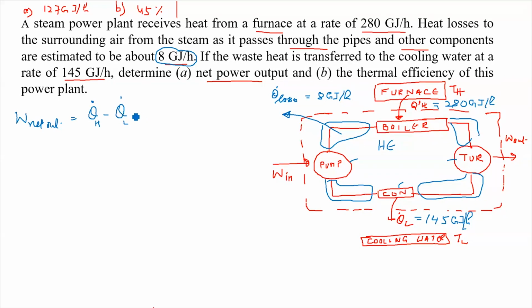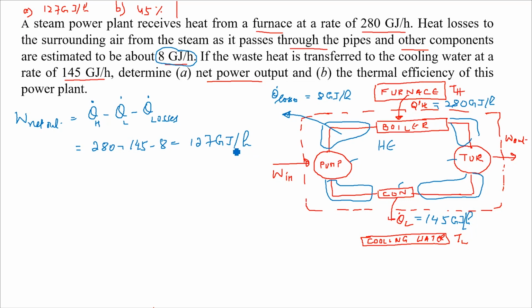Other than this, Q dot losses are also being rejected, wasted as a result of the losses from the pipes and other components. It's simple enough. You just have to plug in the values: 280 minus 145 minus 8, and this would give you 127 gigajoules per hour.